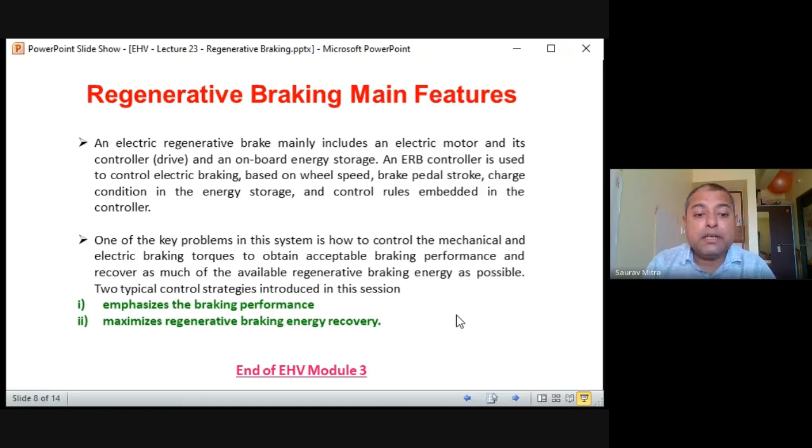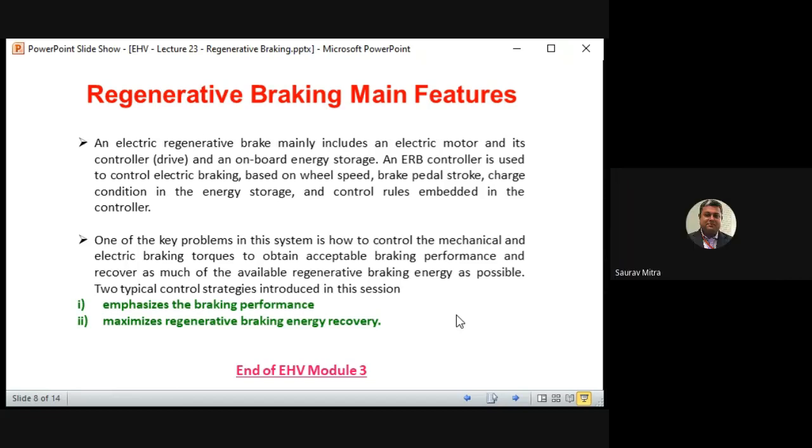So two typical control strategies introduced in this session are, from what we have explained previously, number one, it emphasized the braking performance, that is the mechanical part of it, which ensures safety. And number two, it maximizes the regenerative braking energy recovery. So whenever regenerative braking is asked, two things you have to point out.